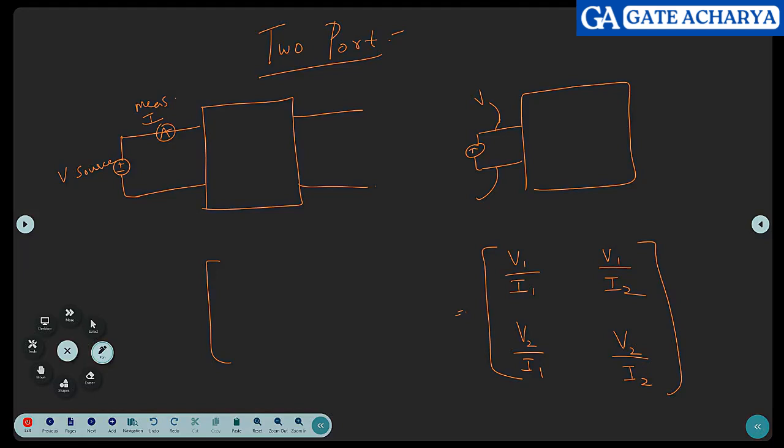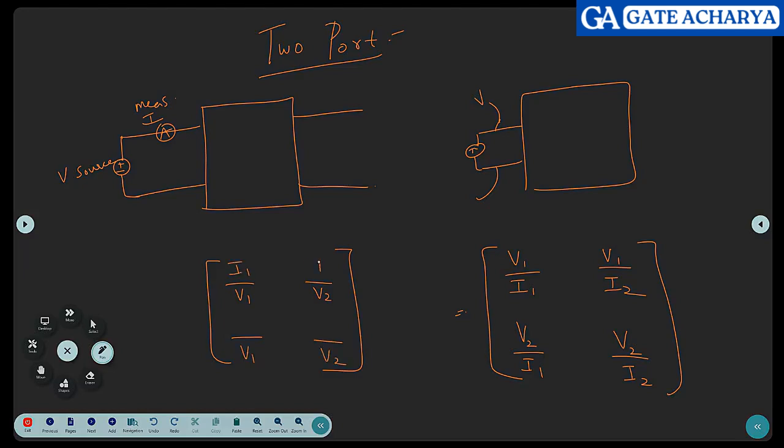What are the sources here? The sources are at the denominator. The point I want to make is that the customary way to write is that whatever are the sources are written at the bottom. In this case, what is the source? V1, V2.